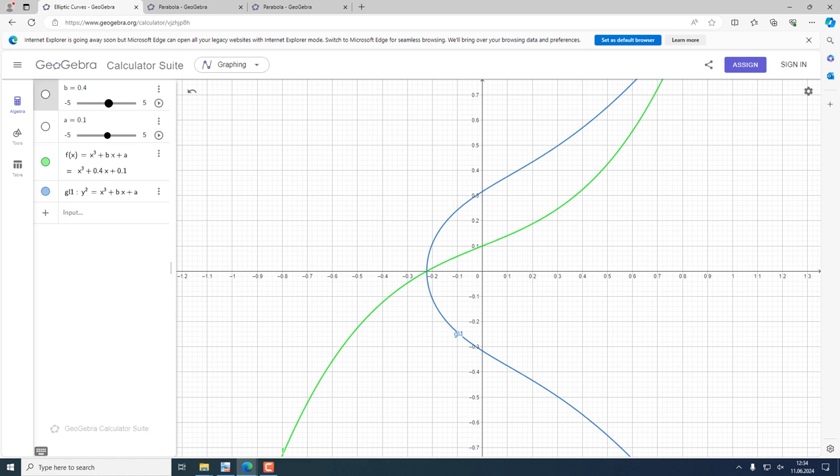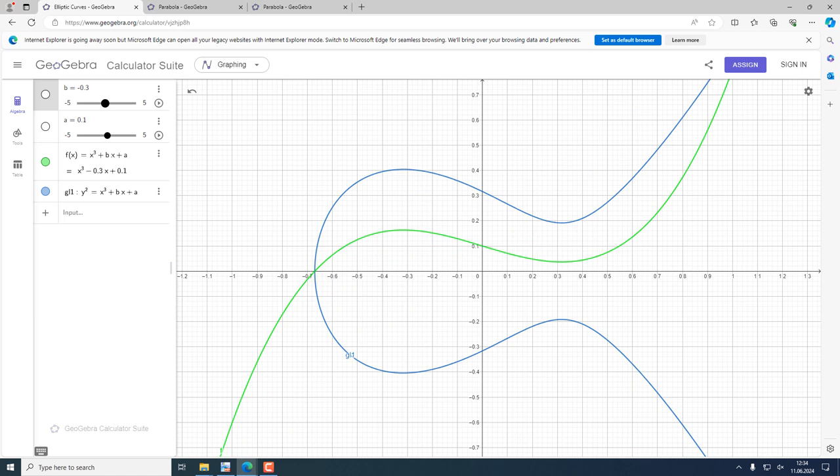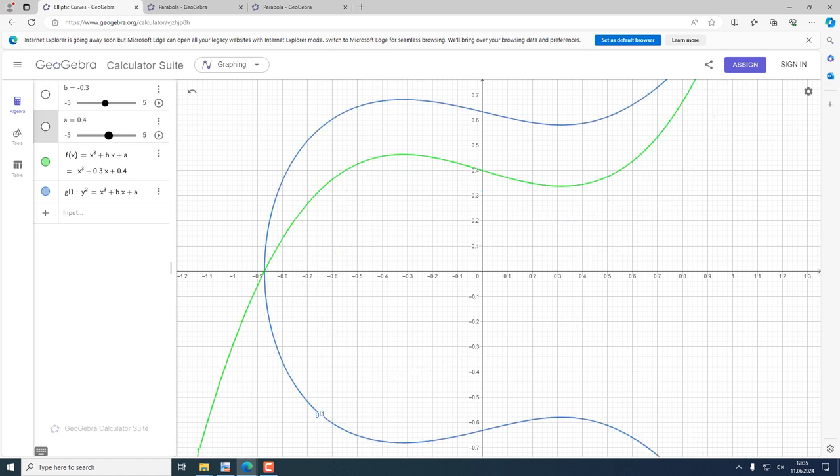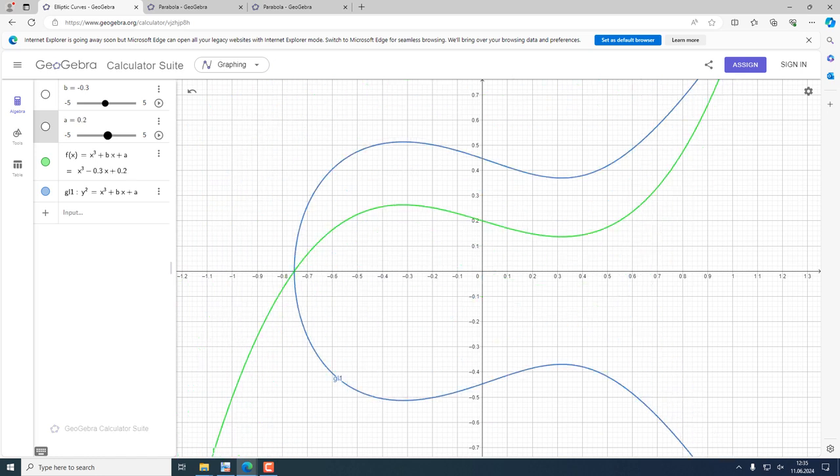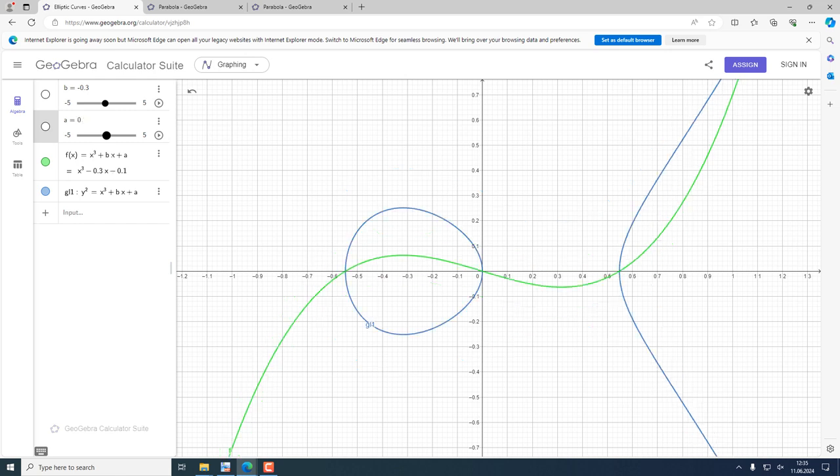Something very strange happens if I put this to negative values. Then you could have something like that. But if I move this down, I get to some kind of hill, which looks like here. Now I have the following phenomenon: here I have positive values and here I have positive values, and this nice curve is separated.